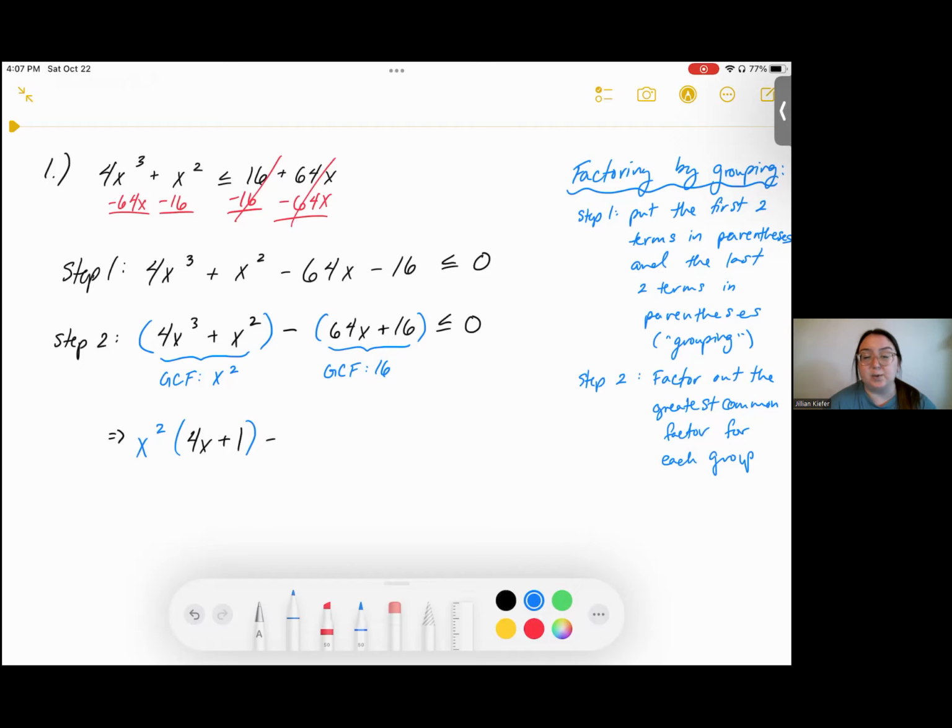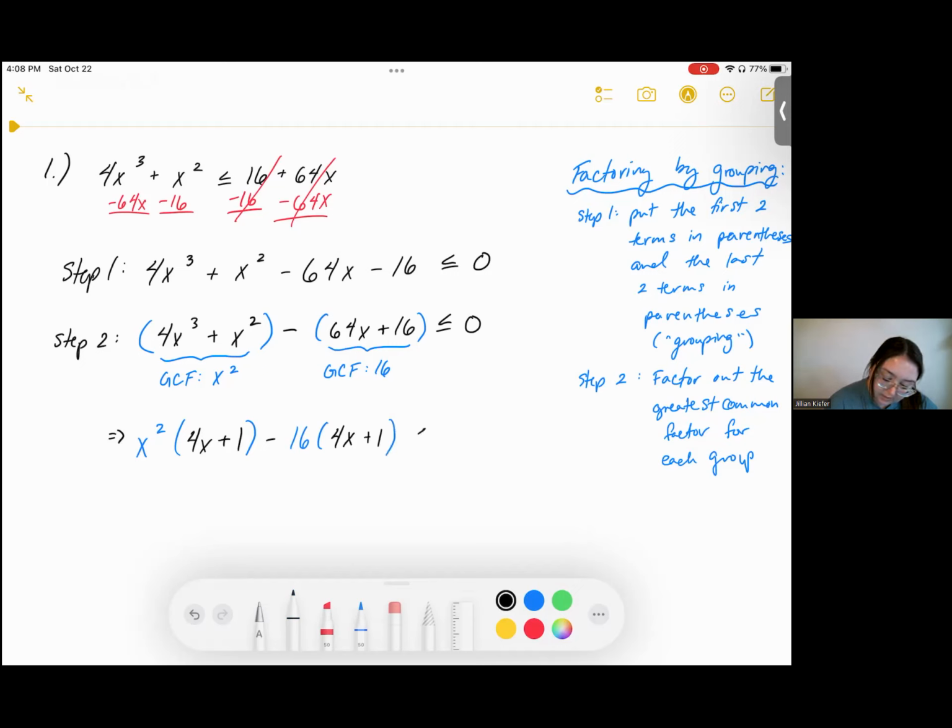So we said the second group's greatest common factor was 16. So we're going to have 16 times whatever was left over in the parentheses. So 16 times 4x is 64x. So we've got 4x. 16 divided by 16 is 1. So plus 1.